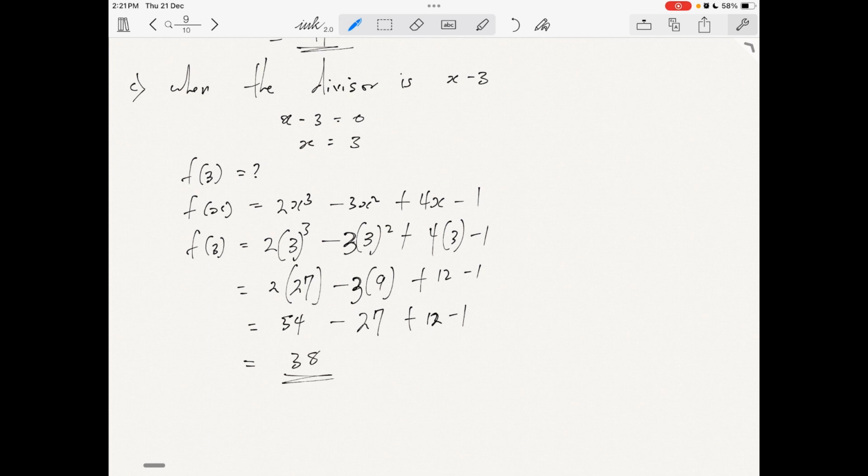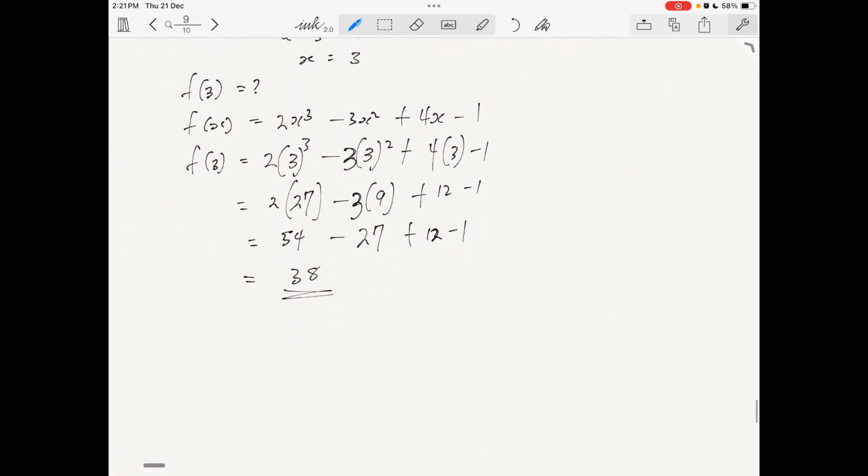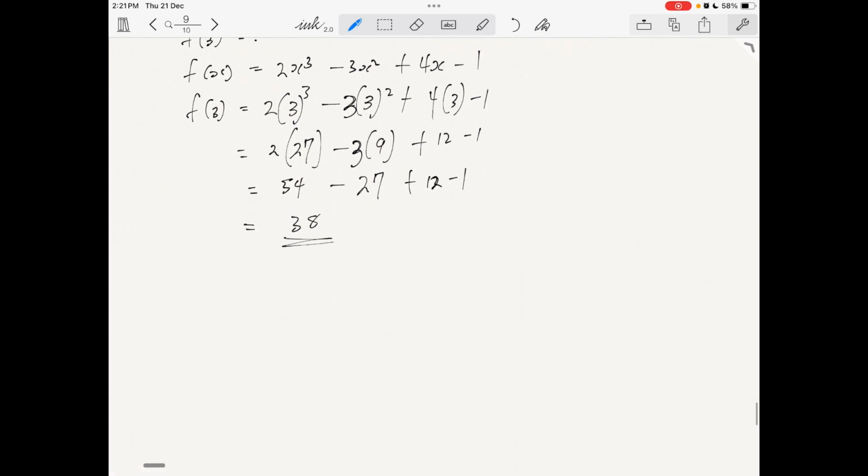Okay, now a question might come in, what if it is not in the format of x minus 1 or x minus 2 or x minus 3? What if it is in the format of, let's say, 3x minus 1? So if it is 3x minus 1, we just equate 3x minus 1 to be equal to 0.